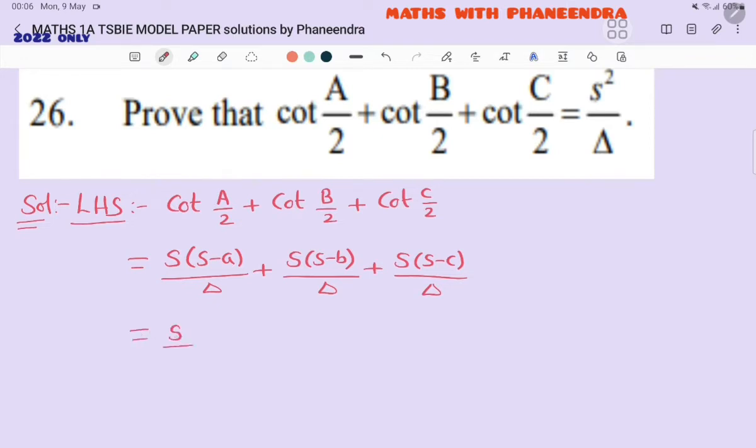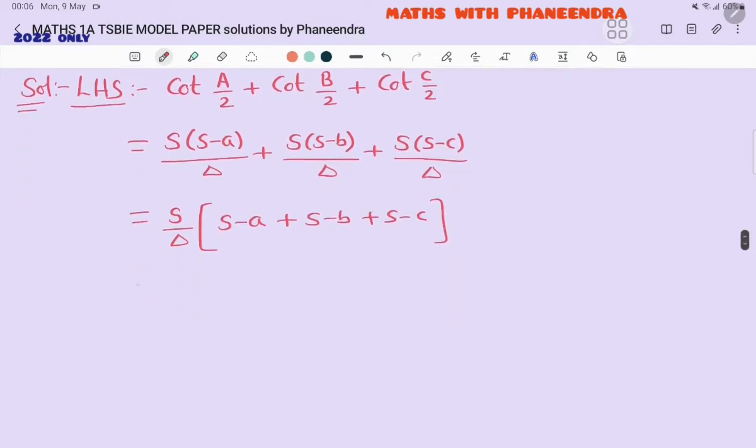So S by delta, take common from all the terms and write the rest of the terms: S minus A plus S minus B plus S minus C. So S plus S plus S is 3S, S by delta into 3S minus (A plus B plus C). But we know that A plus B plus C is equal to 2S.